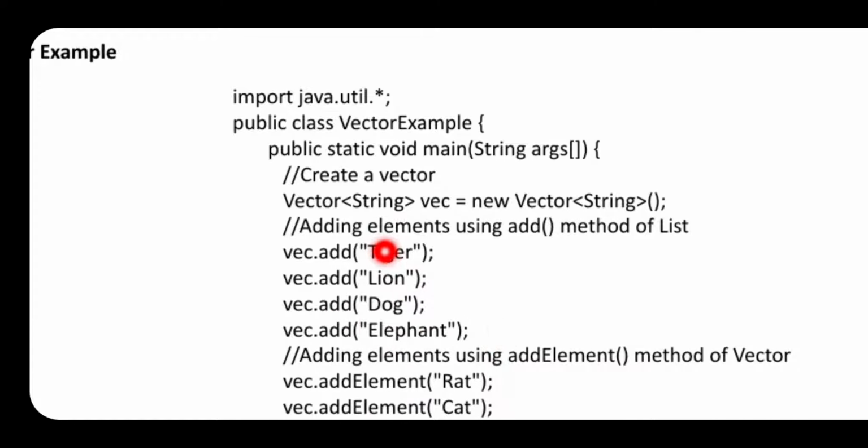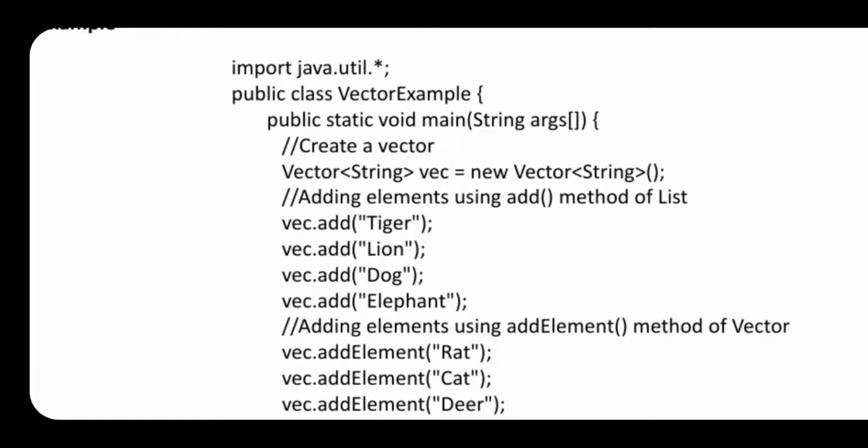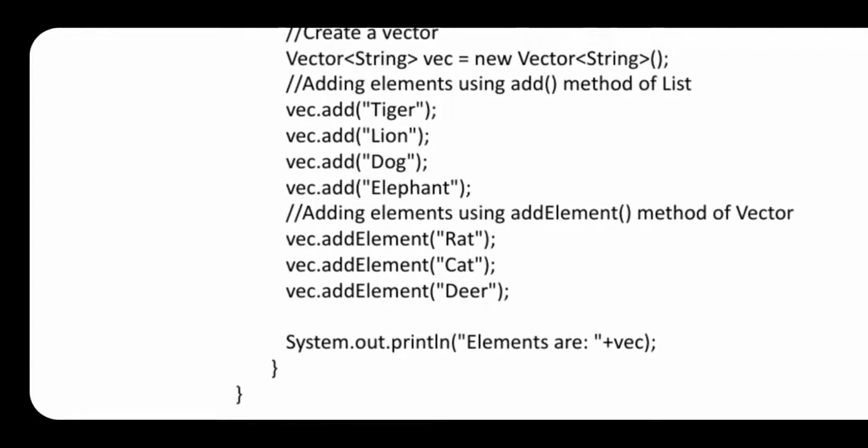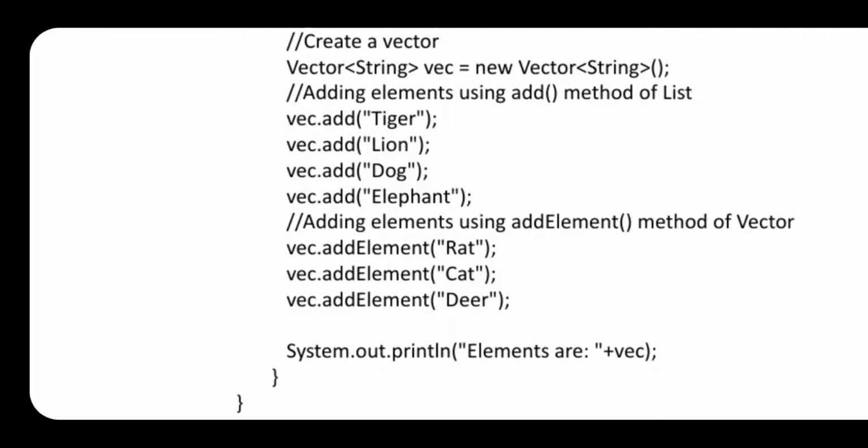So these are the 4 different pieces of information you have added within the list. Then, adding elements using the addElement method of Vector. Same thing. Next you are going to use tiger, lion, dog as well as elephant, with the same vec object.